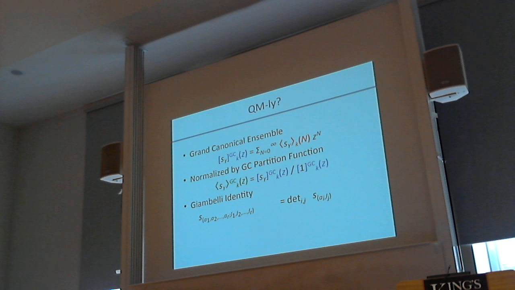Then you can prove that this Giambelli identity, originally for the supersymmetric Schur polynomial, is actually correct after we introduce this grand canonical bracket.